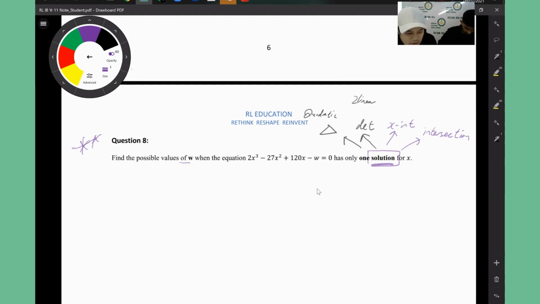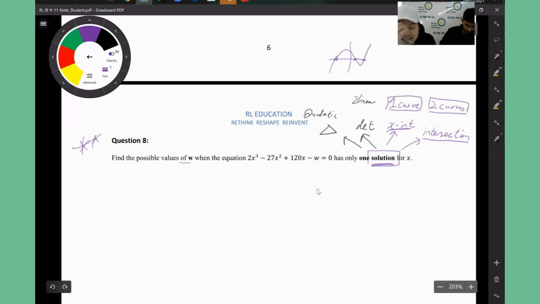X-intercept is when the function equals zero, which means when you got one curve. For example, if I got one curve, how many solutions you got? 1, 2, and 3. When do I use intersections? You have 2 curves. So you got 4 interpretations for this word solution, depending on the type.